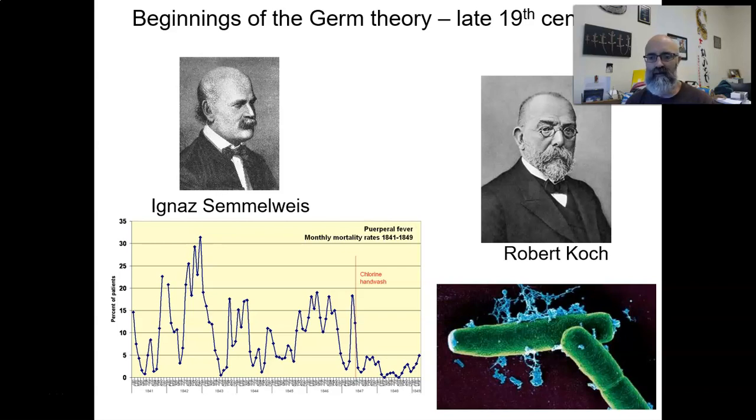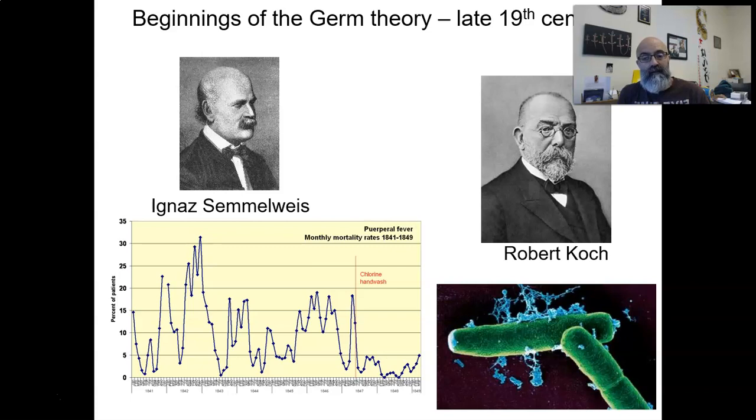And what Dr. Semmelweis found, he found this relationship. You see in about 1847 that the mortality rate drops down and hovers below 5%, right? So that's a 25% reduction in mortality.